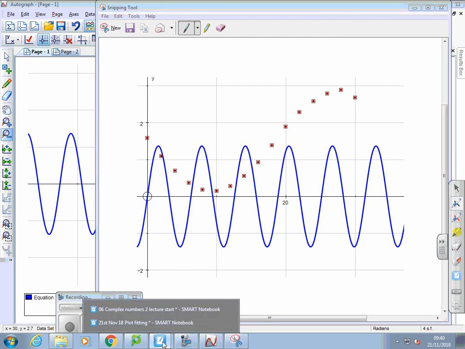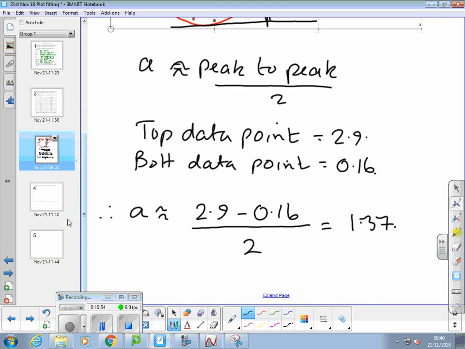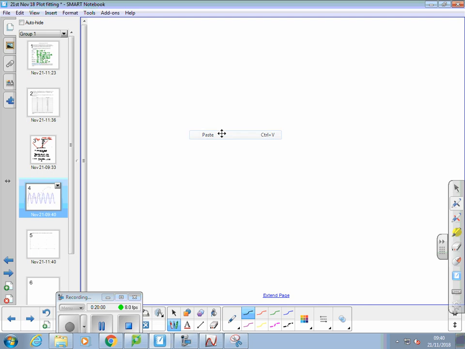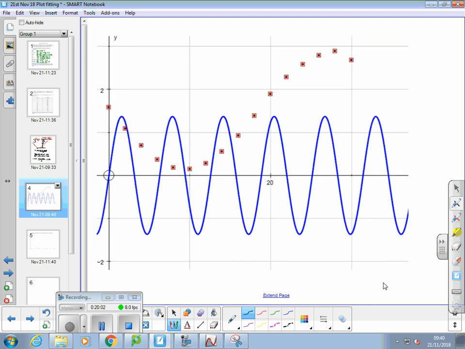Go back to here. So, what do you think we could look at next in terms of finding out where that data should be?